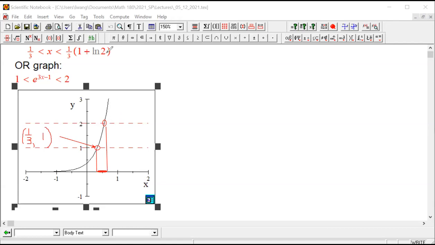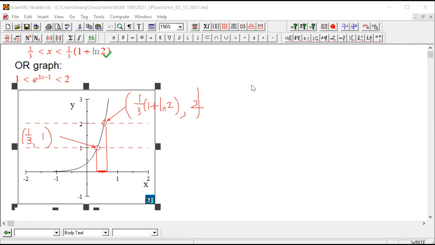This point is 1/3 (1 plus ln 2) comma 2. And we want the input in between, and that's what it is. And the output is between what? Between 1 and 2. Does that make sense?